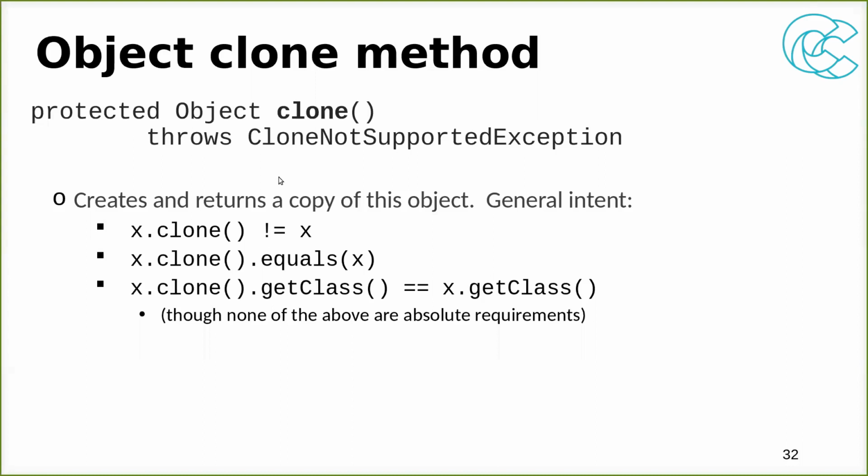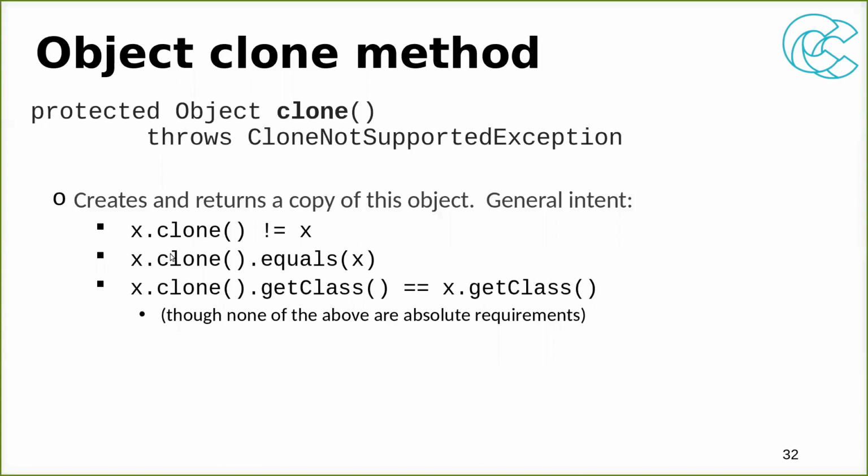There are a couple of requirements that you want the clone to satisfy. First, you don't want the clone to have the same reference. If you say x.clone, you're creating a copy, but the reference of x should not be the same as the reference of that clone. They should be two different memory locations, two different references. The second requirement is that the state of the two instances, the original object and the cloned object, should be the same.